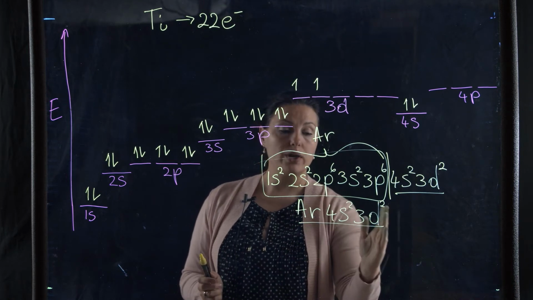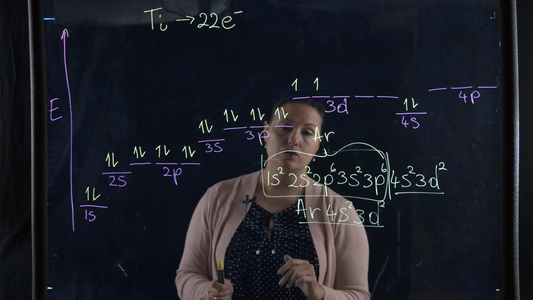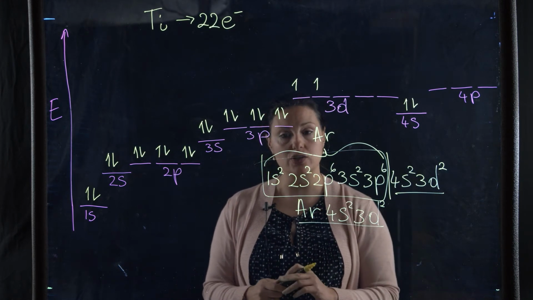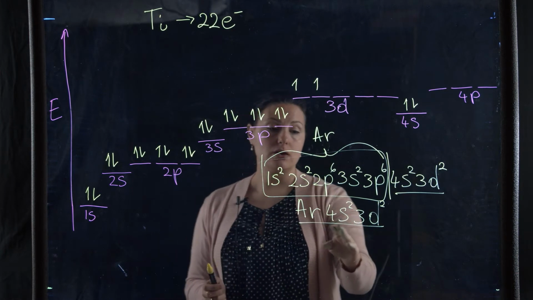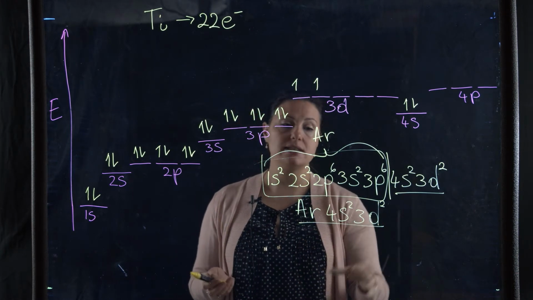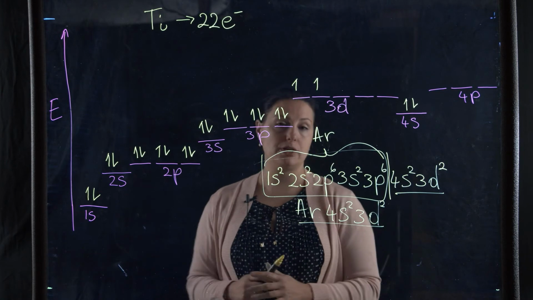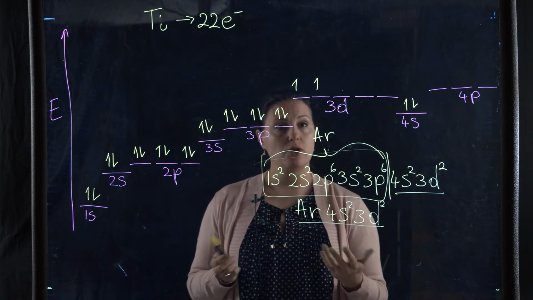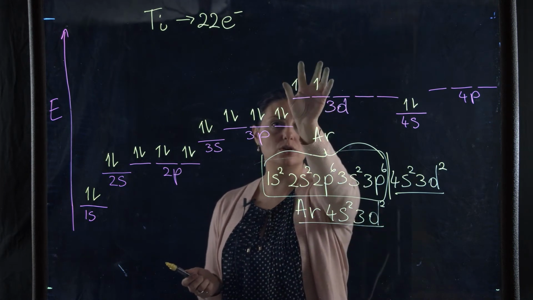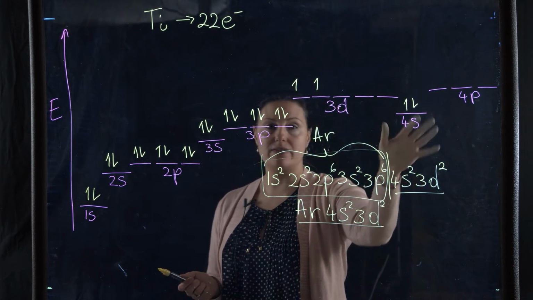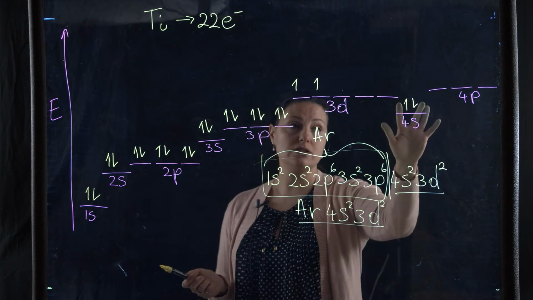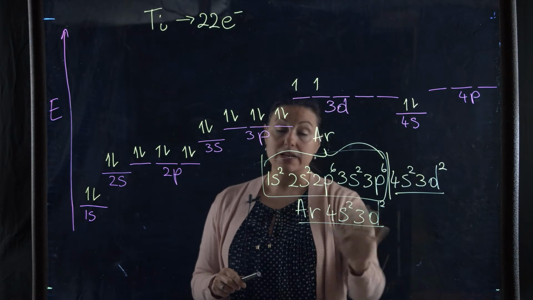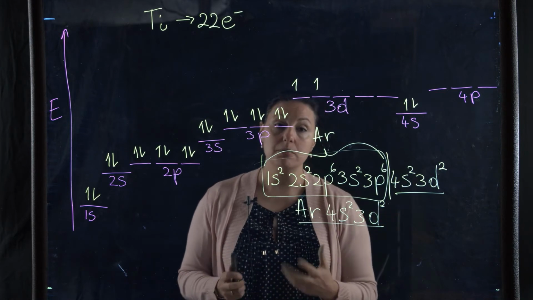And what comes after that, the closest noble gas, those electrons are considered the valence electrons, which are the ones that we really deal with because they determine the chemistry of that particular element. For example, titanium a lot of times will form just a +2 ion because it will lose those 2 unpaired electrons and then have everything else full. Or it could even lose these to get a 4+. We're interested in that because that's where the chemistry happens.